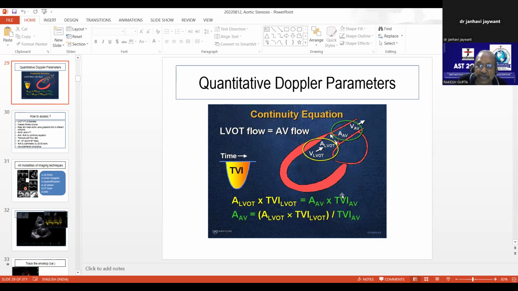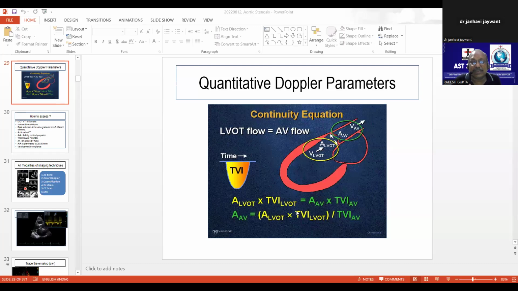So what we do, we bring this equation over here so that aortic valve area is this particular segment divided by aortic valve VTI. Is that clear? Yes, sir. No more questions on this? Sir, the confusion was at the level of stroke volume, sir. Just this is stroke volume.